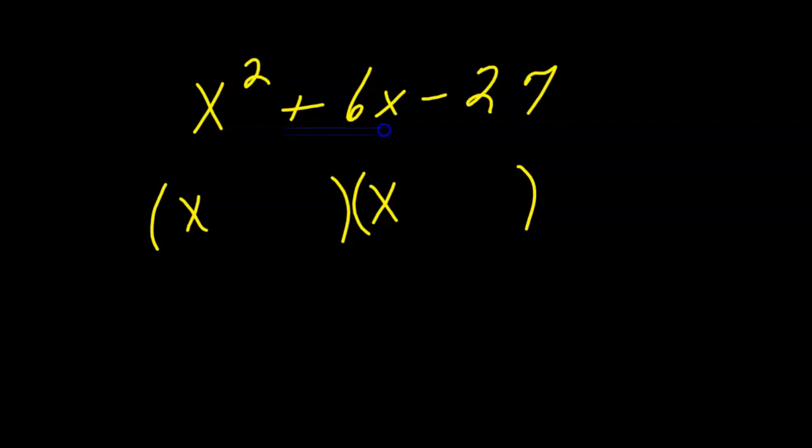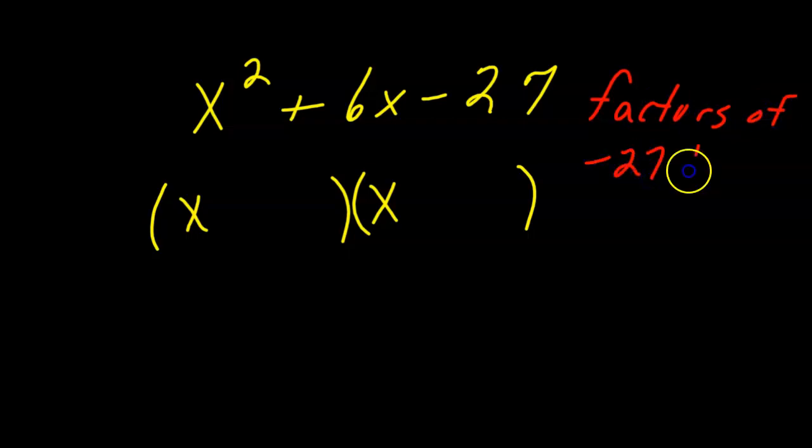And since this is positive, the bigger one is going to be positive. So what am I looking for? I'm looking for factors of negative 27 that add to 6.